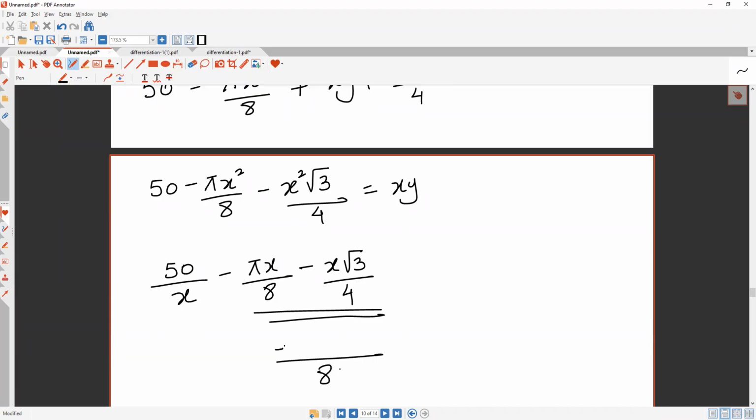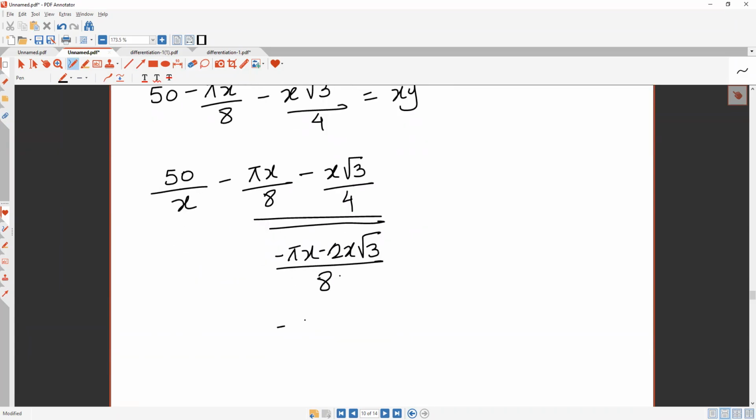So here you will get minus pi x and here you will get minus 2x root 3. Okay. So you have to take minus 8x by 8 as common. Is everyone understanding? Minus x by 8 common now, it's going to be pi plus 2 root 3.